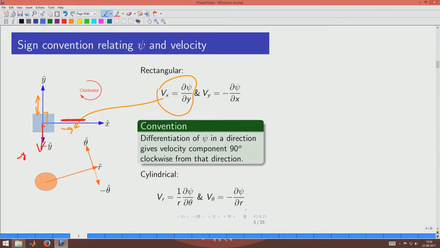When we differentiate with respect to r, then 90 degrees away will be the minus theta direction, and that is why you have a minus sign here. If you differentiate along the theta direction, then 90 degrees away is the r direction, and therefore we got Vr there. So, the convention is used in all coordinate systems the same way: differentiation of psi in a direction gives the velocity component 90 degrees clockwise from that direction.